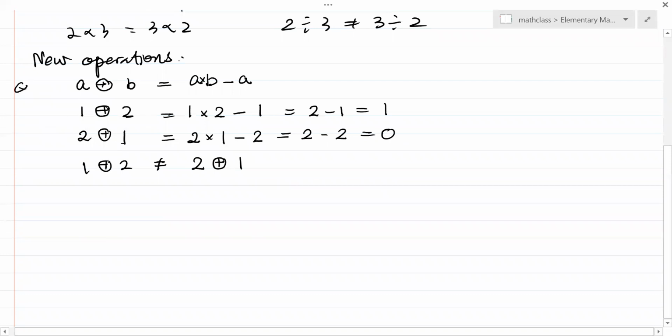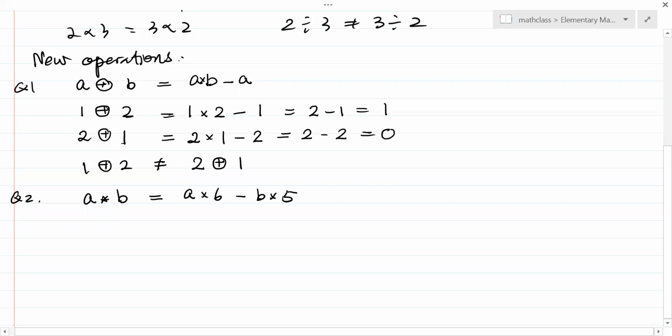That's the first question. The second question is, I'm going to define A star B. I just use a different notation. So I have a number A star number B, and that is going to be A times 6 minus B times 5. That's my definition.